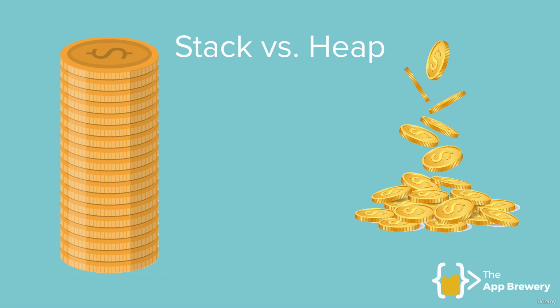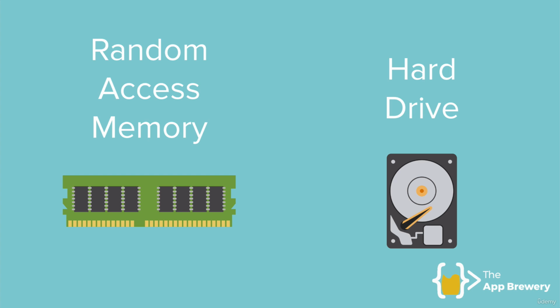Now, the other major difference between structs and classes is that they live in different places in memory. So in computers, and that includes handheld computers such as the iPhone, there are two main ways of storing data for random access. This is referring to the RAM, or the part of the memory that needs to be frequently accessed, and it's not the same as your permanent storage, such as your SSD or your hard drive.